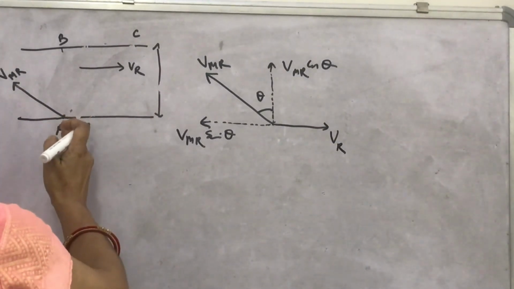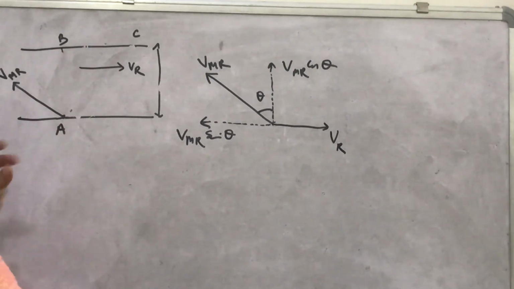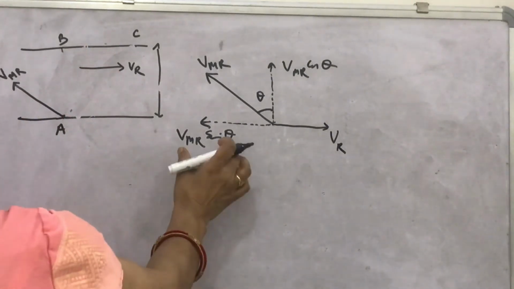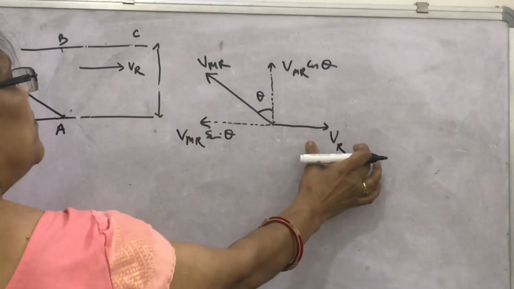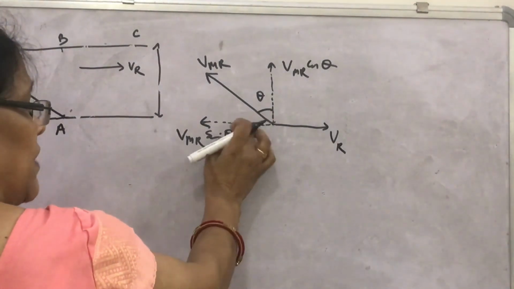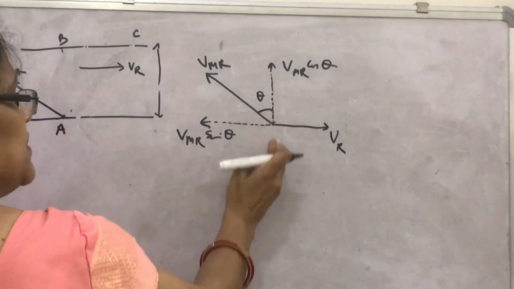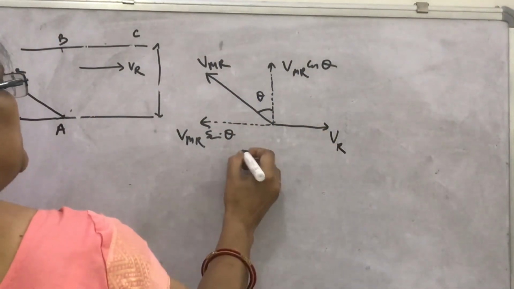Since he has to reach exactly at B, what will you say here? That this VMR sin theta should be equal to VR. It is equal and opposite. These two vectors should be equal and opposite, only then he will reach exactly at B. So what will you find here?